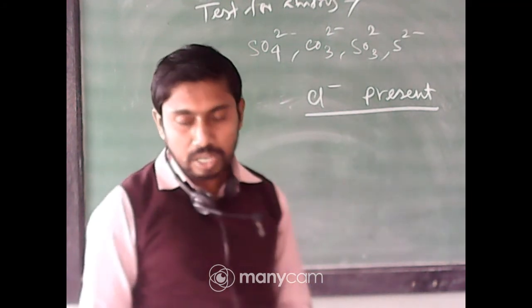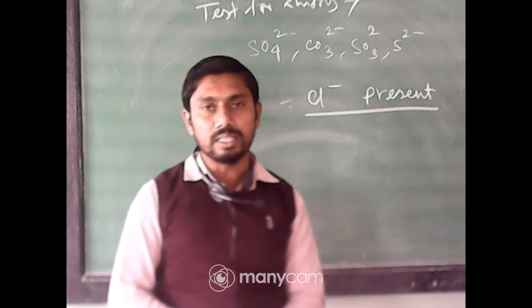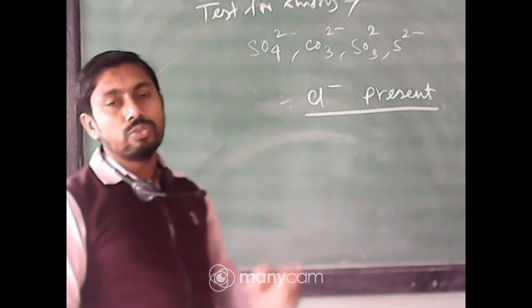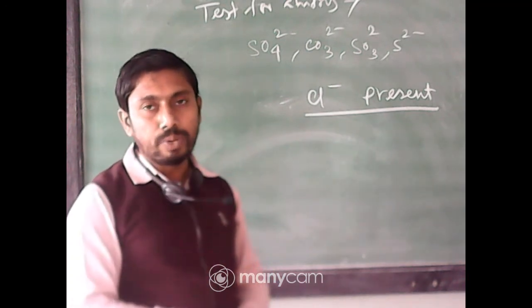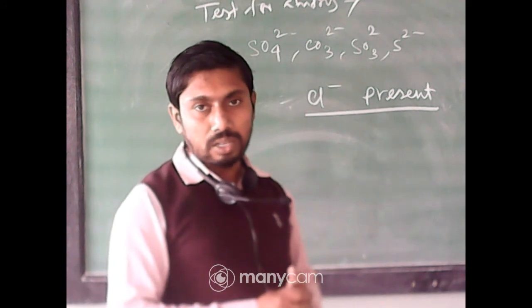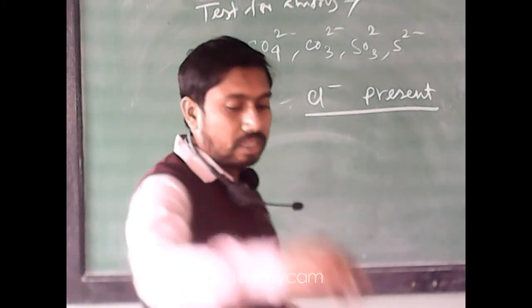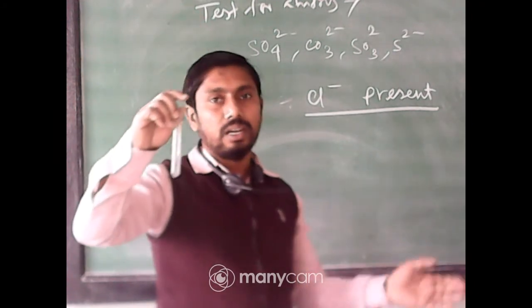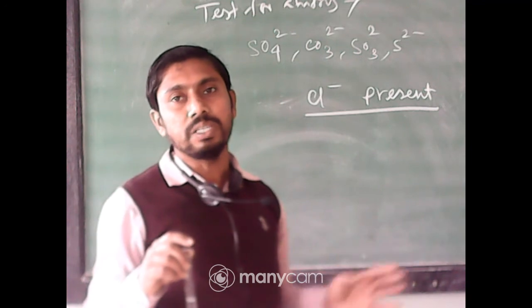Now in group 1, we have to go with systematic group analysis, where according to the group, taking the original solution, we will add the group reagents. Sir already told you about the special tests. There are special tests for them, where taking this solution we can add different reagents which are specific for them.